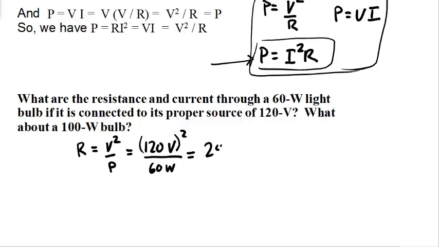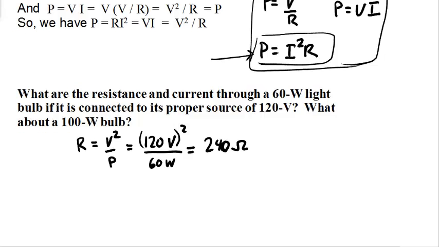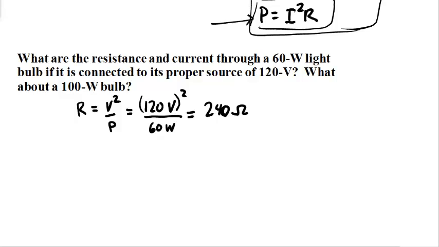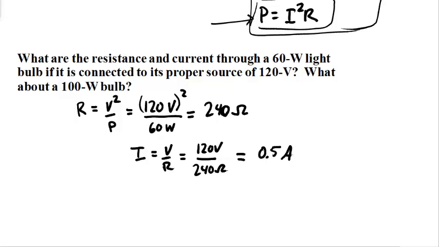So that gives us 240 ohms. And if I'm looking for current, I can use Ohm's law, V over R, where my voltage is 120 volts and my resistance is 240 ohms, and so that gives me a current of 0.5 amperes.